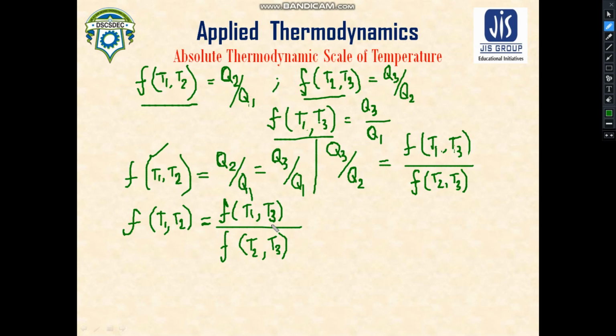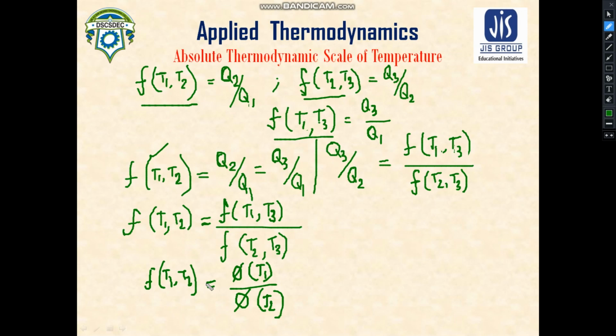The information which we have understood is that it will always be dependent on the two specific temperatures. So we can write this as a function of T1 minus T2. The simplest solution in this case would be that the function of T1 and T2 should be expressed in this format.